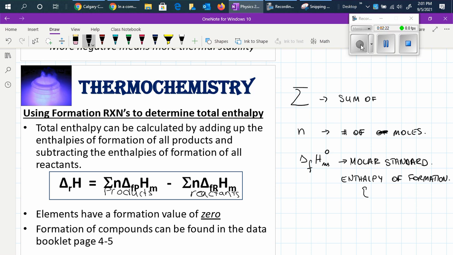And it is measured in kilojoules per mole. You can find it on pages 4 and 5 of your data booklet.